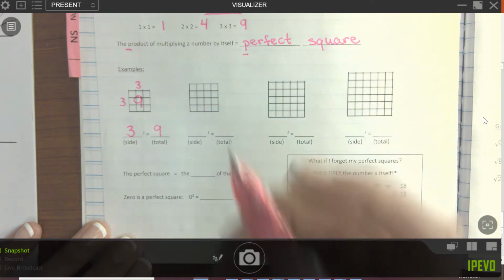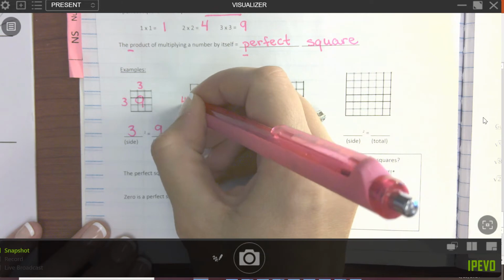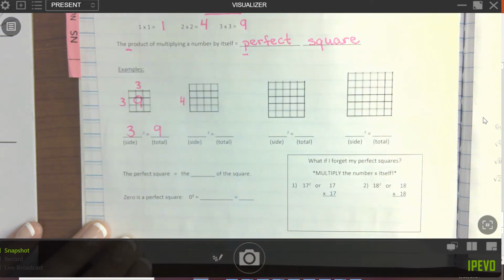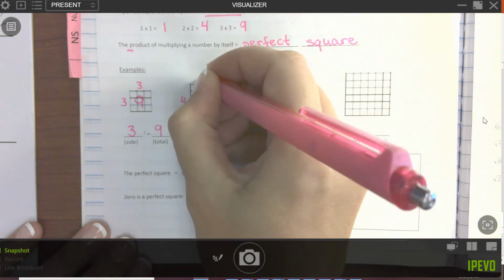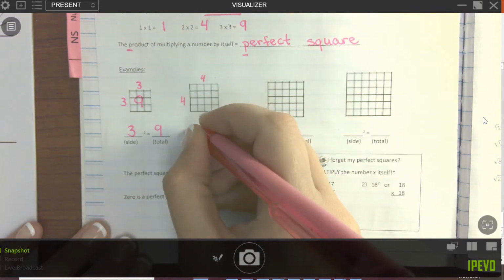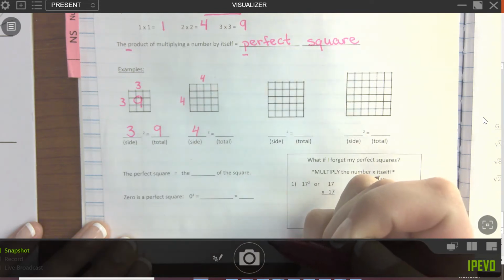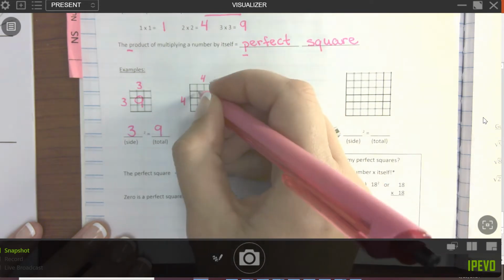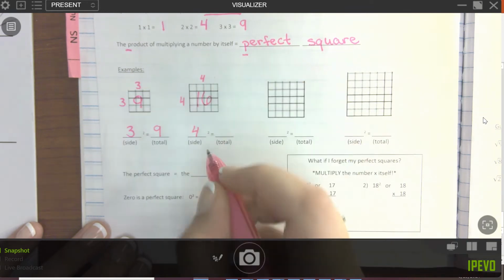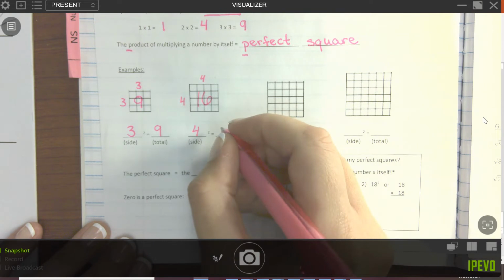If I look at the next example, along the side here, that would be a length of 4, and left to right along the top would also be a length of 4. So my side length is 4, and my total, or my area, if I count up all those boxes, would be 16. And 4 squared would then give you 16.